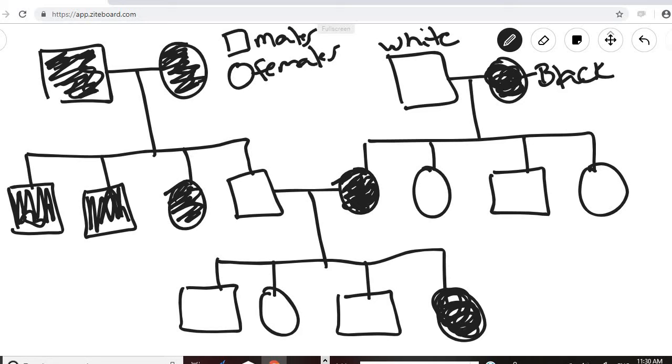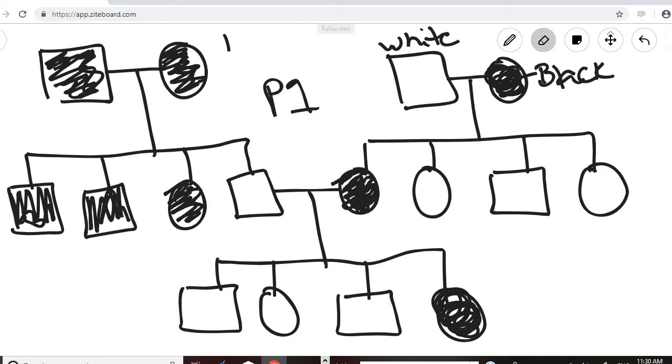We call that the P1 generation. It's like the parent generation. Let's pay attention first to the left side.